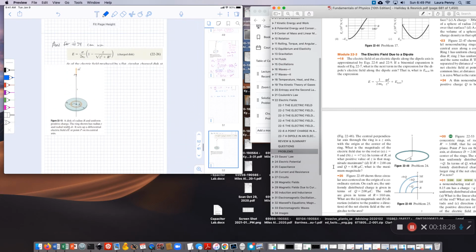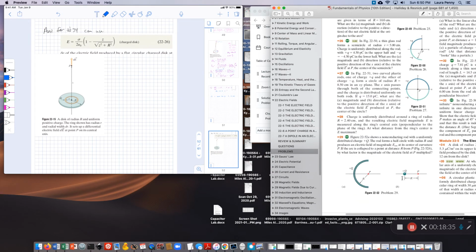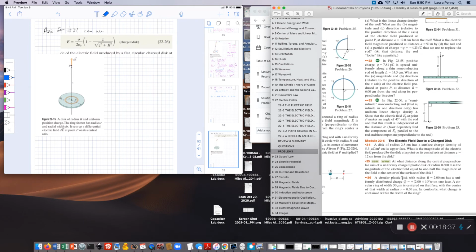I'm not going to do the derivation for the equation you can use for number 34, which is right here. So number 34 says you have a disk of radius 2.5 centimeters. That's your capital R. It's a charged disk. It tells you the surface charge density.